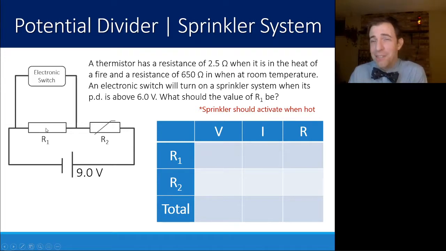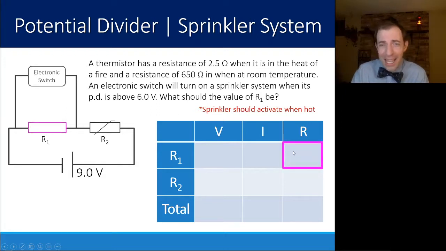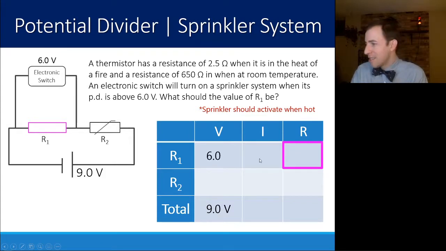All right, again, let's start with what we're looking for. Value of R1, we're trying to find the resistance of R1. The things that were provided here: we know that the voltage of the battery is 9 volts. We know that this electronic switch works when the potential difference over R1, the way it's designed here, is 6 volts. That's enough to tell me that R1 has to be 6 volts.